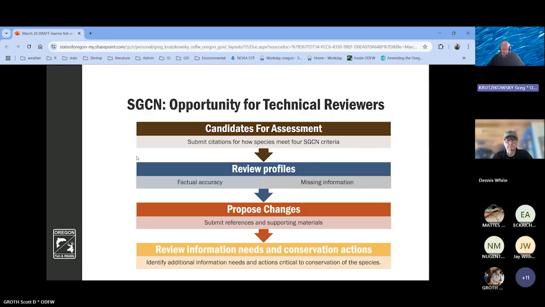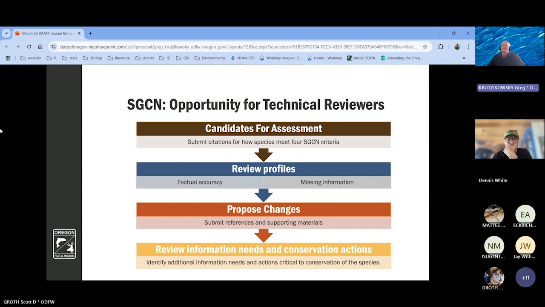So our ask is for partners to provide technical information. The draft of species that have been assessed to date by ODFW is presented in the marine fish and invertebrates spreadsheet, similar to the spreadsheets that are provided for the herps, the plants and algae, the mammals, and so that's the one that this meeting is about.